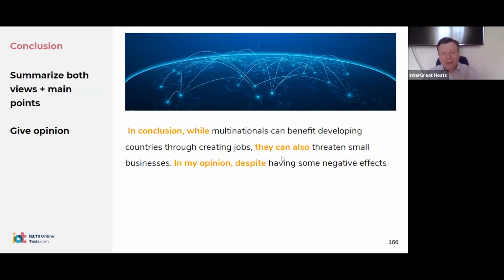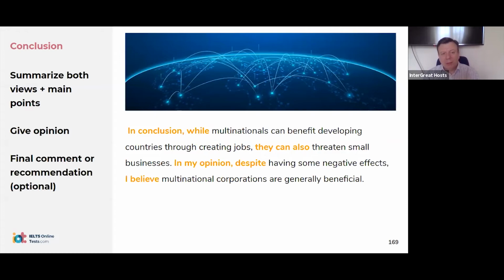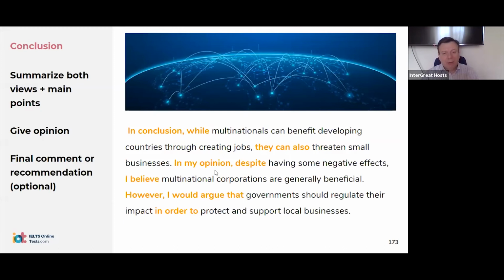Despite having some negative effects, I believe multinational corporations are generally beneficial. Final comment or possibly recommendation: However, I would argue that governments should regulate their impact in order to protect and support local businesses.